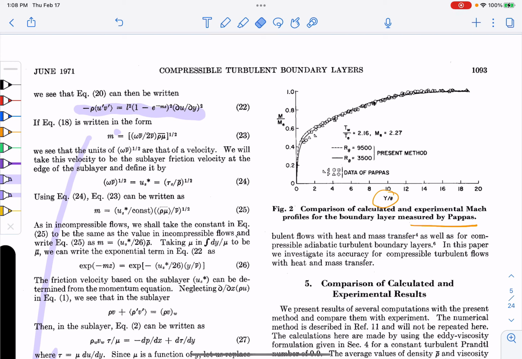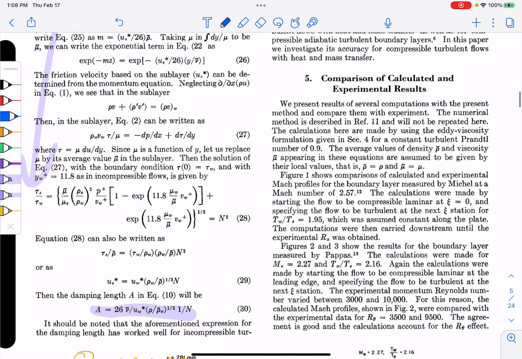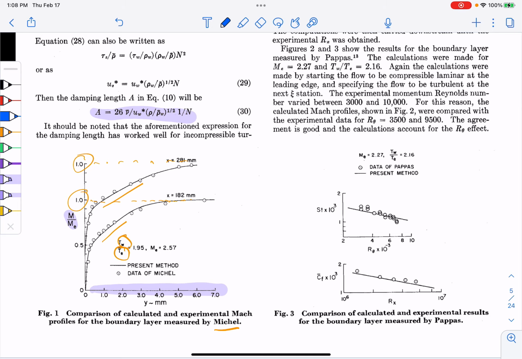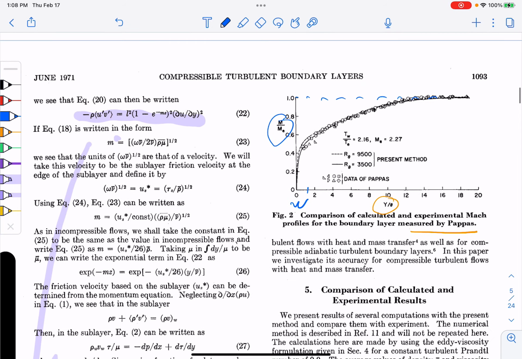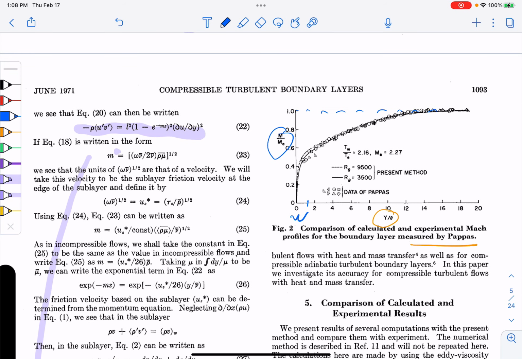So here's the wall, right, and there's your unity value, and there's the same Mach number, and this time he collapsed the data. Here's 1. Just his choice. I guess if I was a reviewer of the paper, I would probably say, why is it in figure 1 you've done it this way, and in figure 2 you've normalized it a different way. That's a little bit strange to me, but there's never a perfect paper.